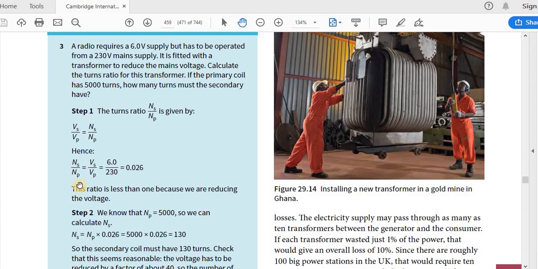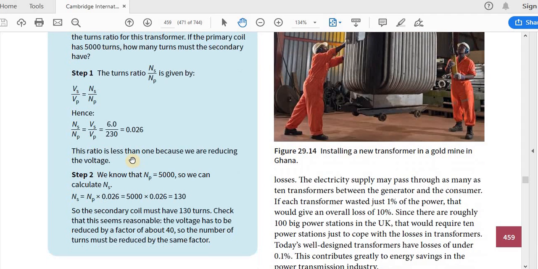So we write Ns over Np equals, then if we start with Ns, we have to start here with Vs. So 6 over 230, Np is 5000. Okay, so 5000, and you multiply, you will get, if you multiply by 10,000, you will get 260, 130, right? Yes. Okay, so the secondary coil should have 130.